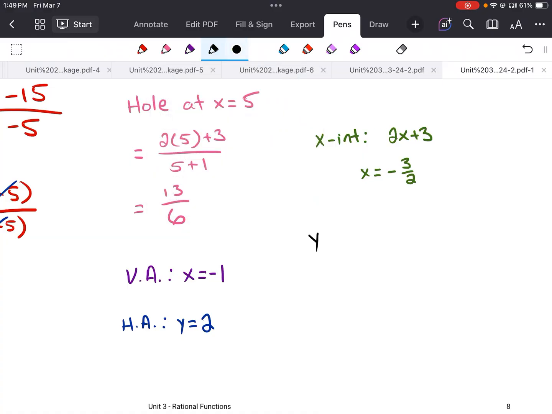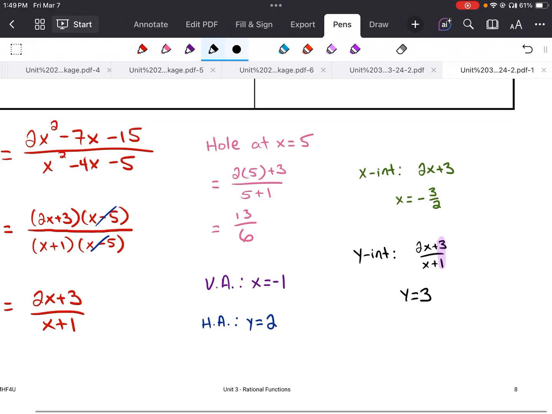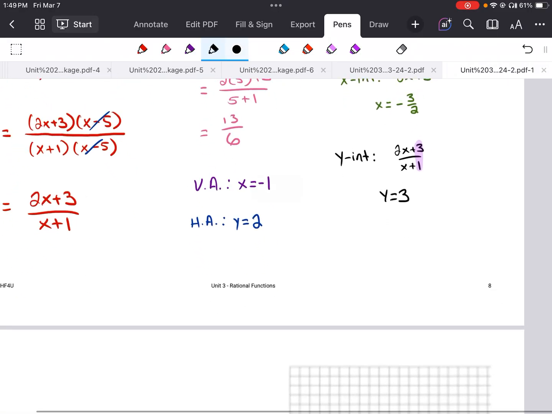And then we have a y-intercept. So if I write the simplified version, 2x plus 3 over x plus 1, the y-intercept occurs when x is 0, so all that's left over is the division of the constants. So y is 3. Okay, before we worry about all the characteristics, we're going to graph.